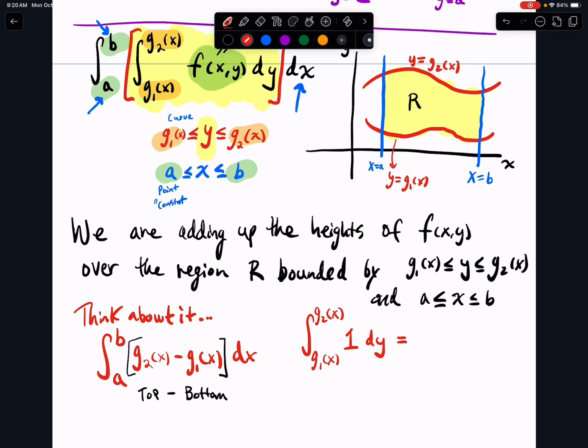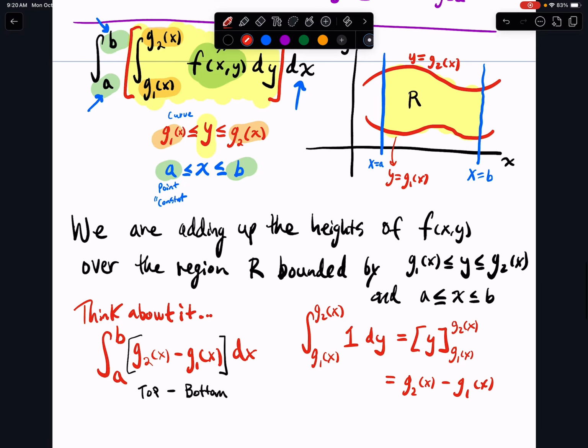The integral of 1 with respect to y is y to the 1. And I plug in from g1 to g2. And so this produces g2 of x minus g1 of x. Okay?